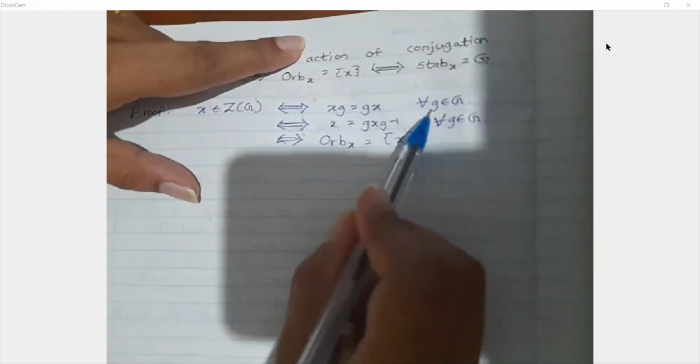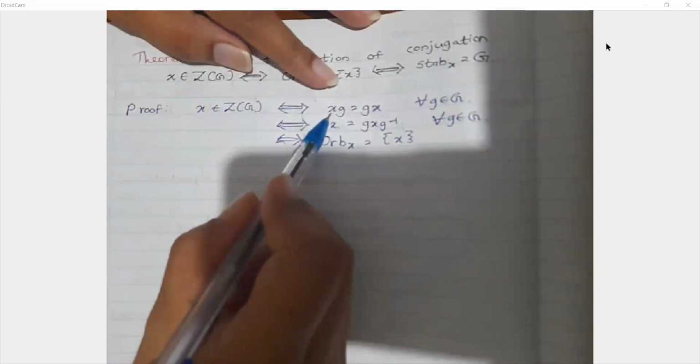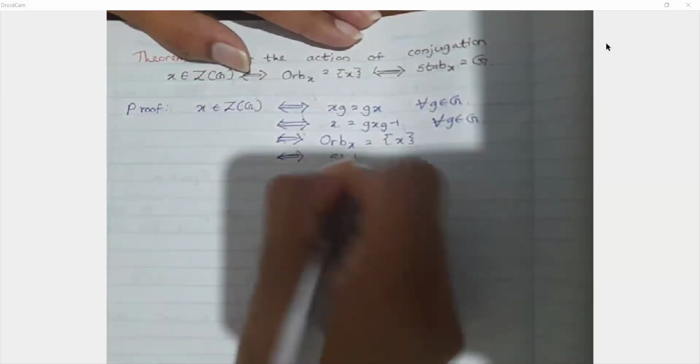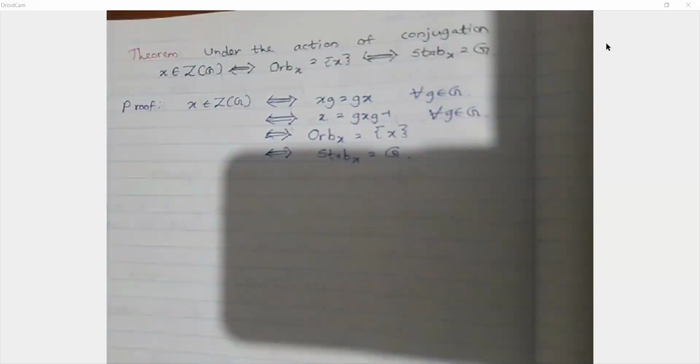So every element that you take from the group will commute with this particular x that you take from the center of G. So the stabilizer of x contains every element in G because every element commutes with this particular x. So we can simply write this is if and only if the stabilizer of x contains every element in G. So this must equal G because the stabilizer is always a subgroup of G.